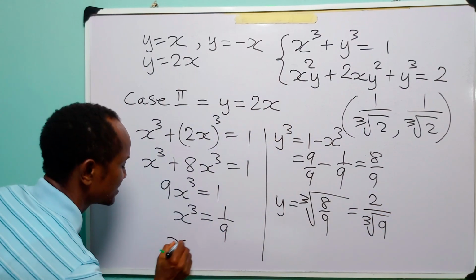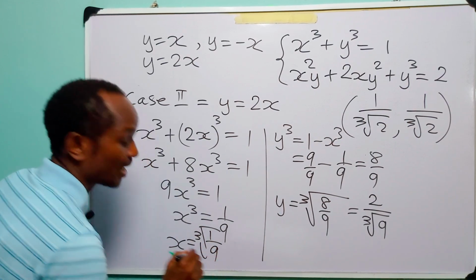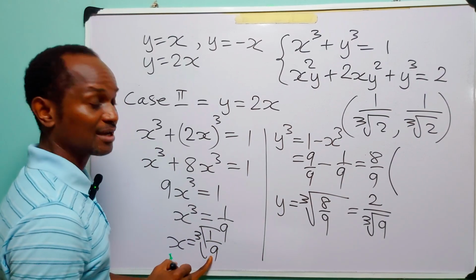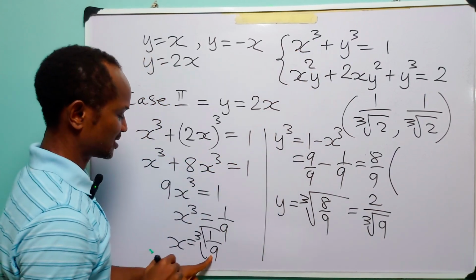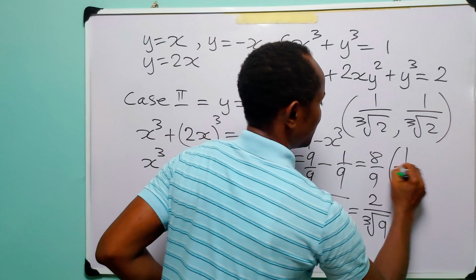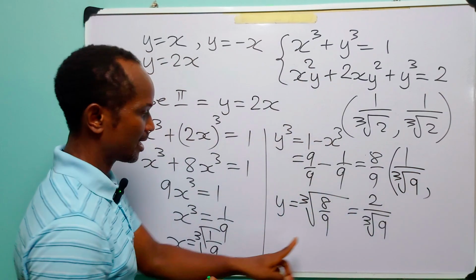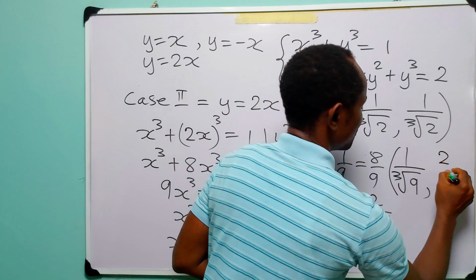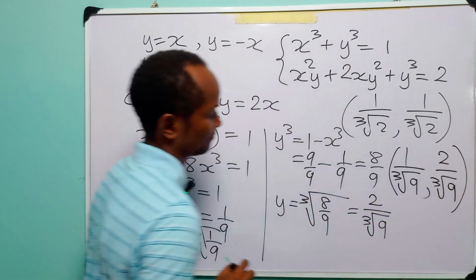Here we have that x is equal to the cube root of 1 over 9. So we have that the second values of x and y that satisfy these two equations simultaneously are 1 over cube root of 9 and 2 over cube root of 9.